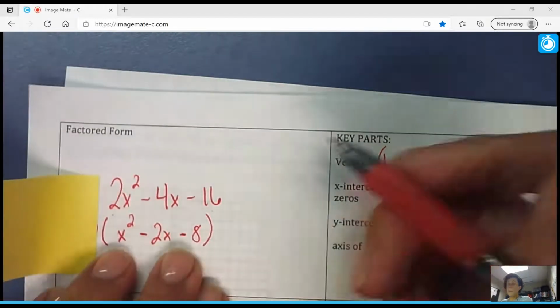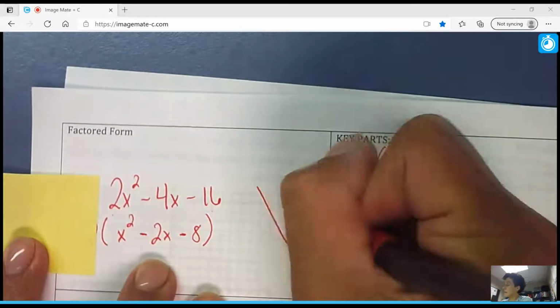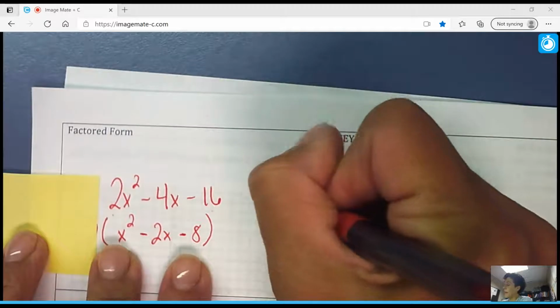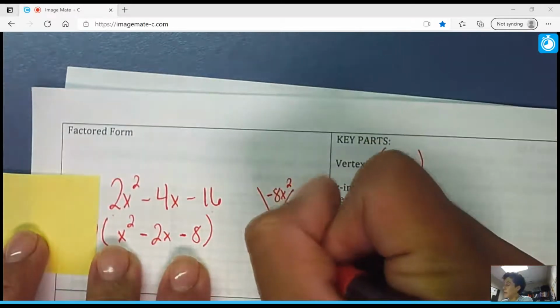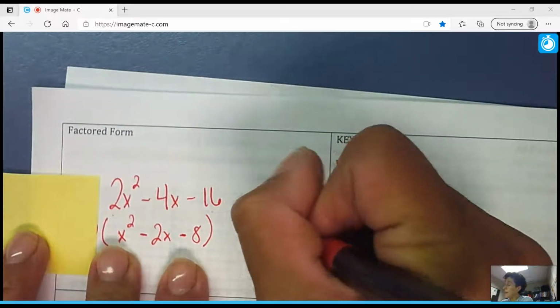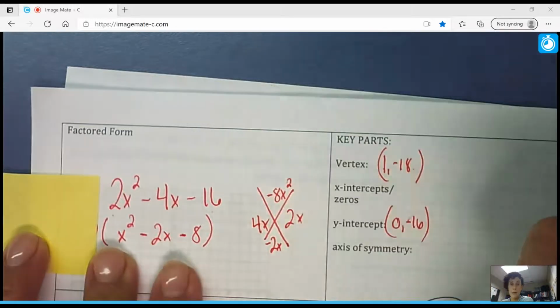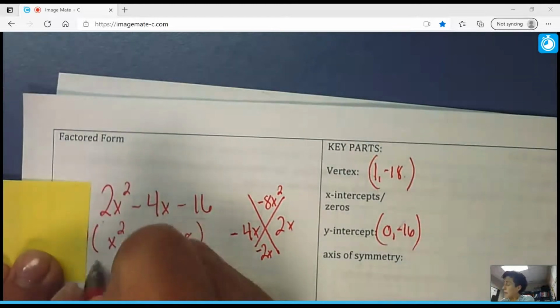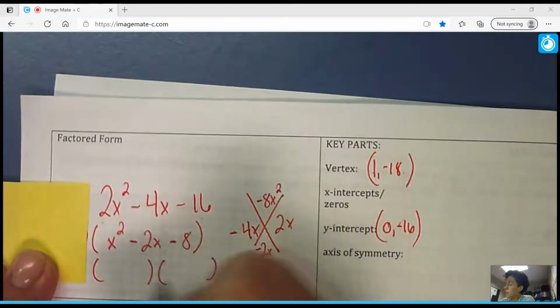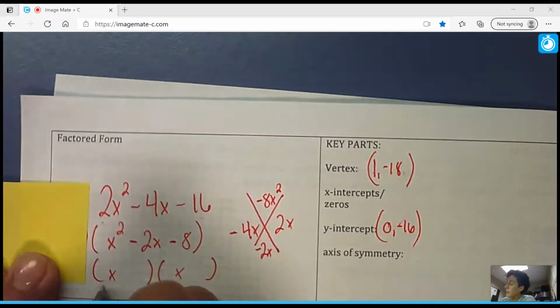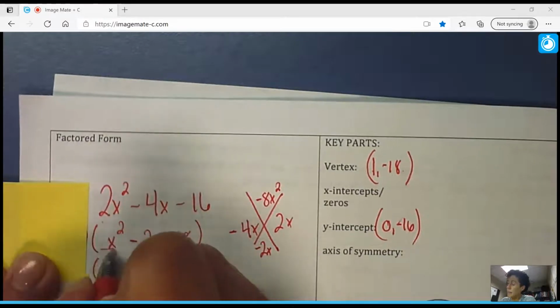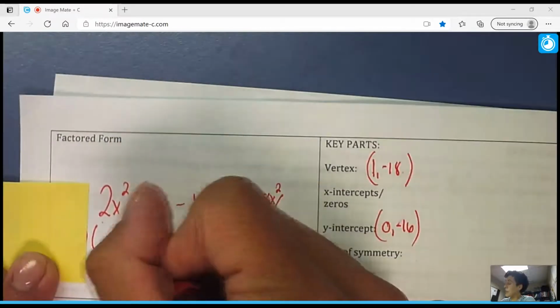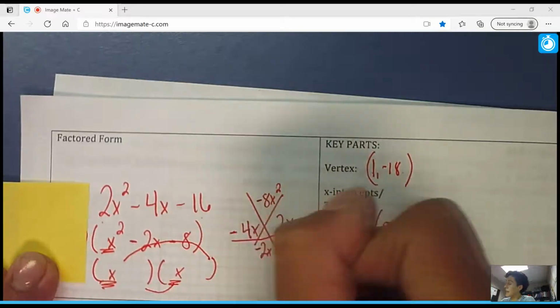With 3 terms, I'm going to make my x. I need factors of negative 8 that get me to negative 2. And that will be a 4 and a 2, and notice I am putting the x's with the 4 being negative. And now I'll make my parentheses with their x's, and realize that x and x give me that x squared, so I just need the face to help me get the side numbers.